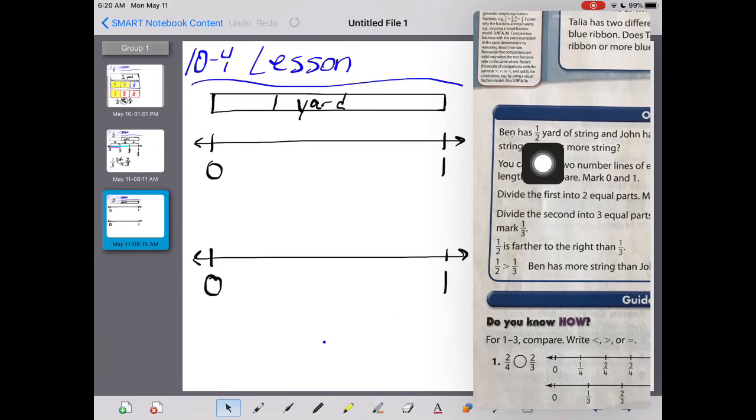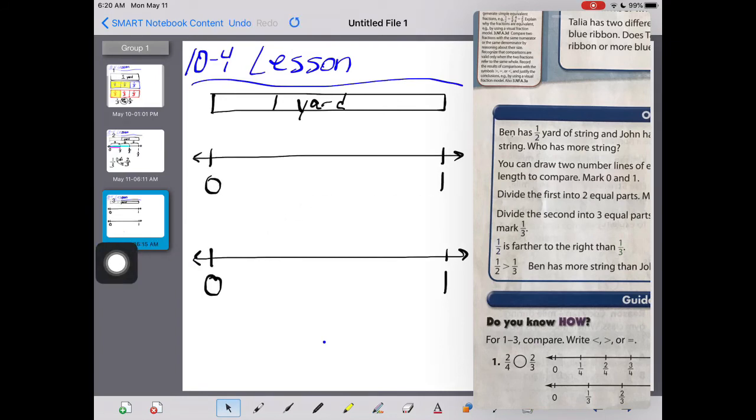Okay? Now for Ben, his has been divided up into 2 equal parts. The denominator is 2. So I'm going to divide this up into 2 equal parts. That means I've got to put a line right down the middle. Oops, how about if I change this to my pen? There we go. Right down the middle. And so I have 2 equal parts.